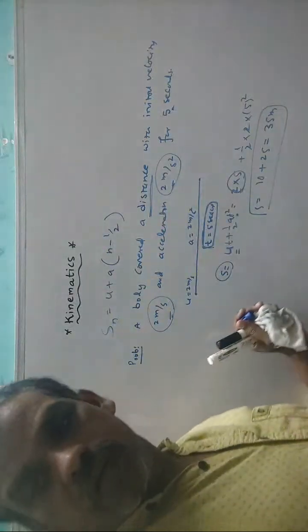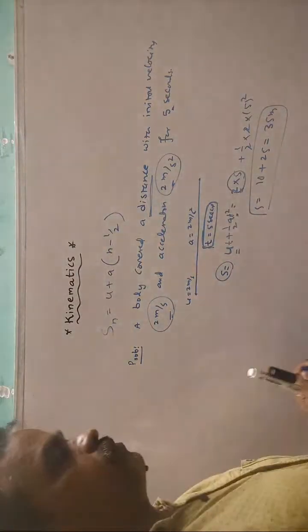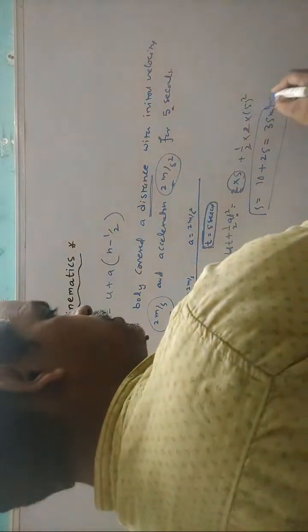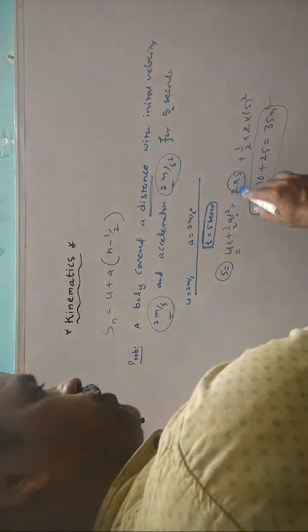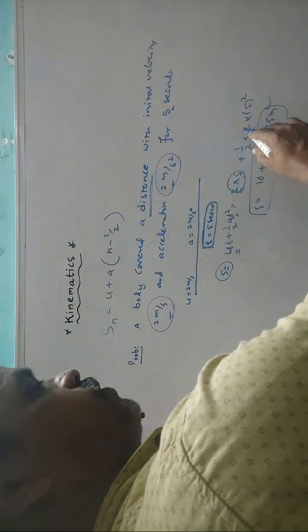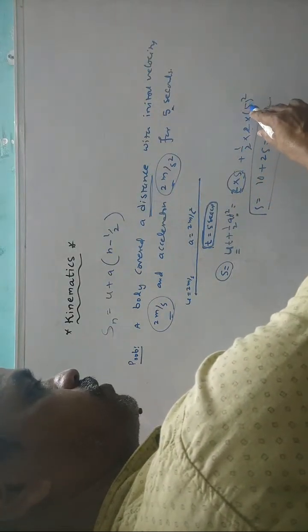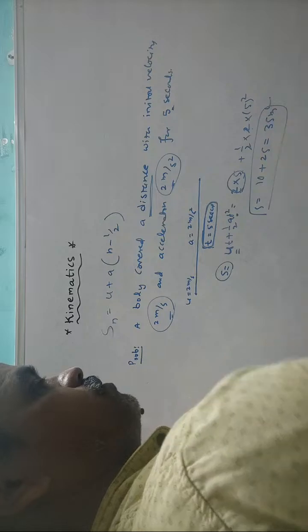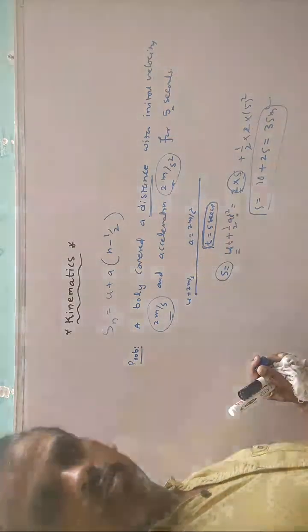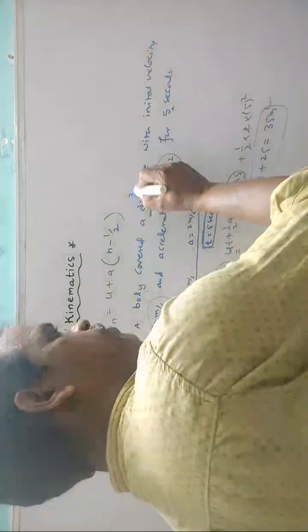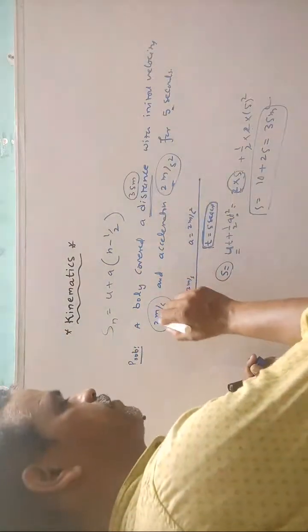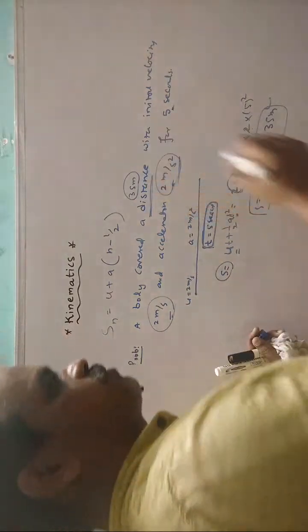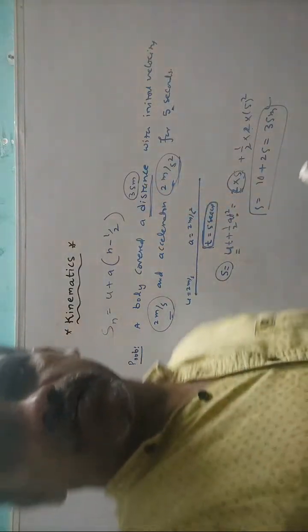You got 36 meter, but 35 meter is the right answer. 2 into 5 is 10, half into a is 1 times 2 acceleration, t square 25, plus 10, 35 meter. So the body covered 35 meter, moving with initial velocity 2 meter per second and acceleration 2 meter per second square for 5 seconds.